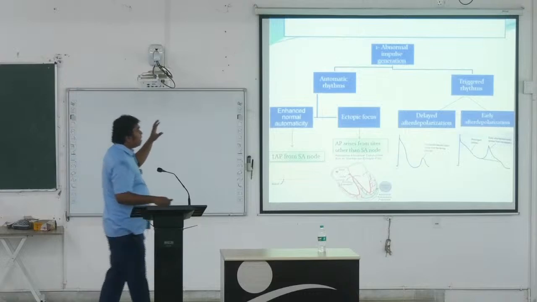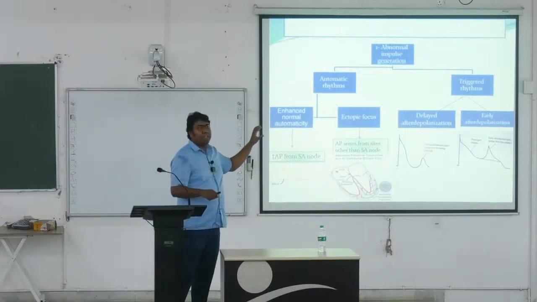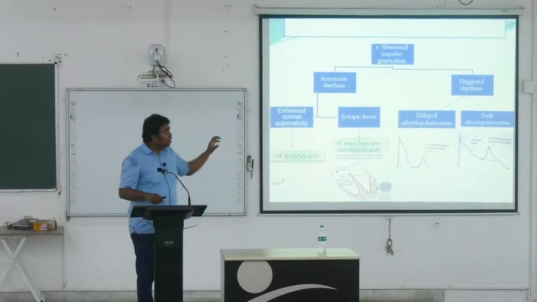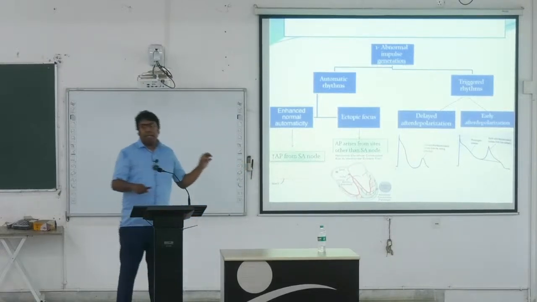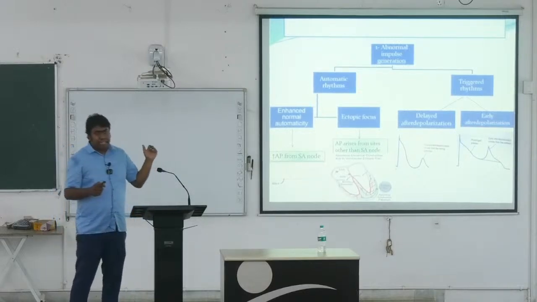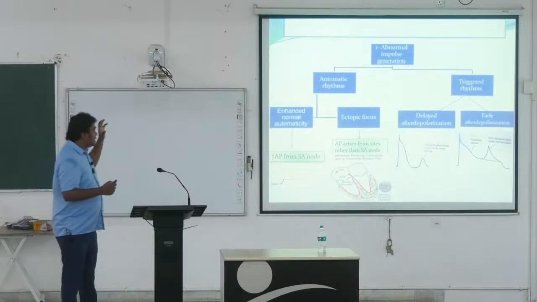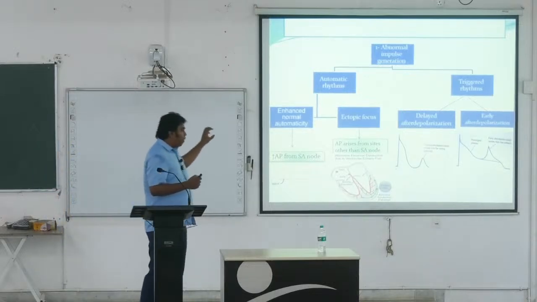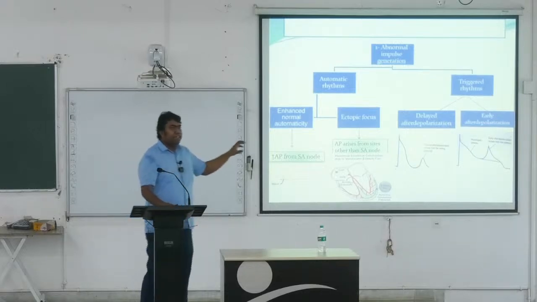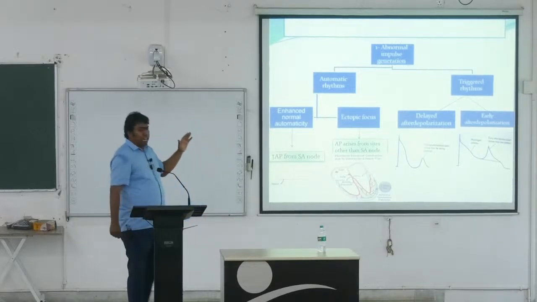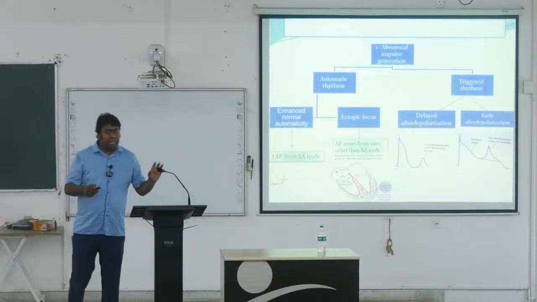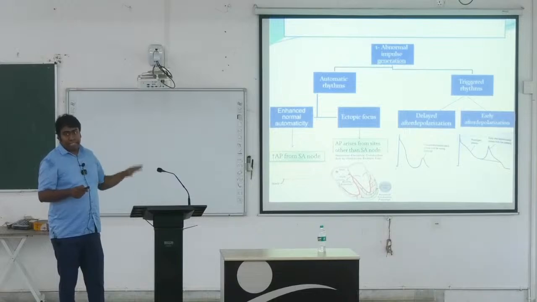Whereas there can also be a triggered arrhythmia, where there may be delayed or early after-depolarization. So there are two types of impulse generation arrhythmias: automatic, with enhanced automaticity in the SA node or ectopic focus, and triggered.